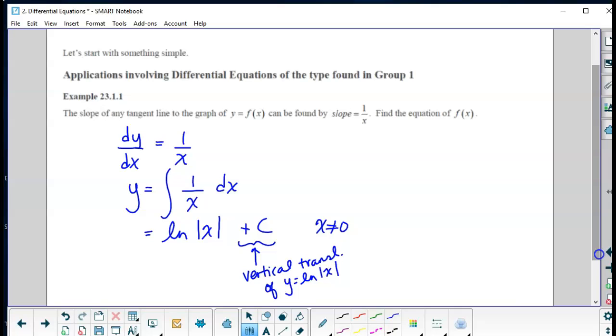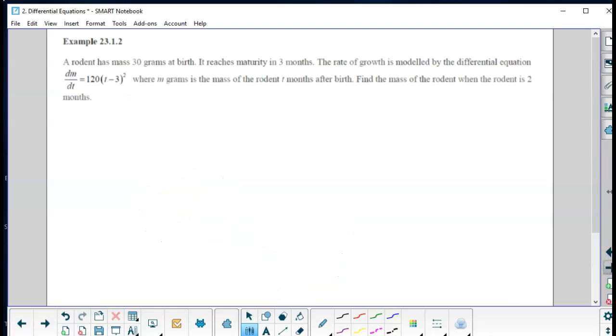Okay, pretty straightforward. Next one is a rodent, so like a mouse, has a mass of 30 grams at birth. It reaches maturity in 3 months. The rate of growth is modeled by the differential equation dm/dt, where m grams is the mass, so it's the mass in grams, would be a better way of saying it, and t months after birth.